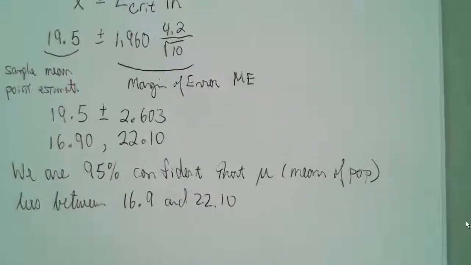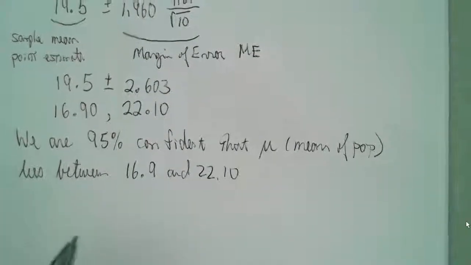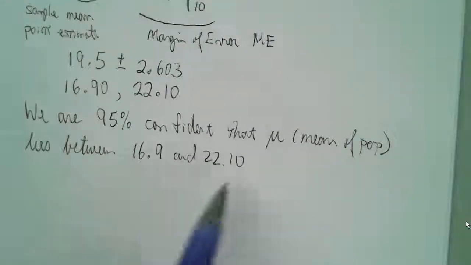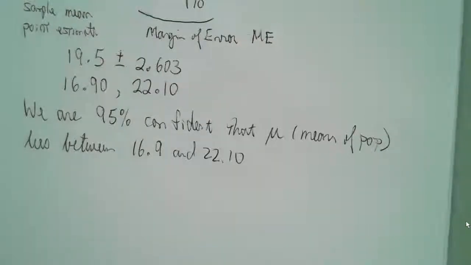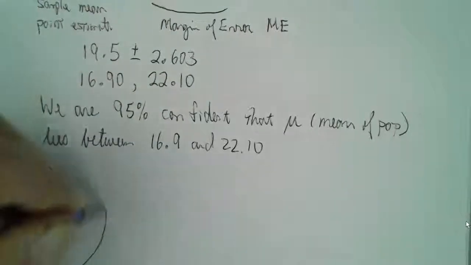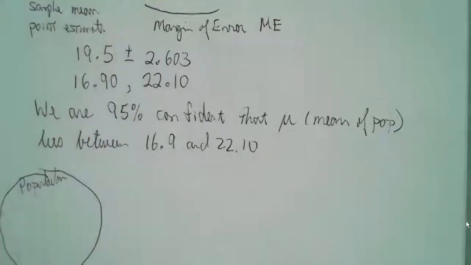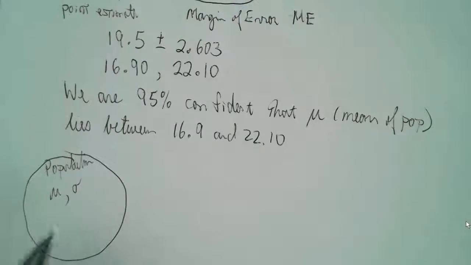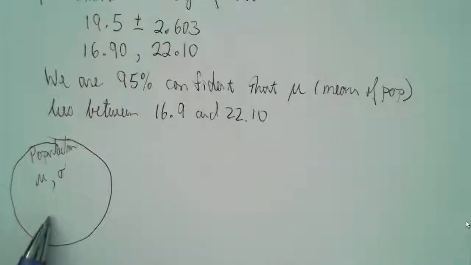So what we're doing is we're starting with information about a sample. That's this right here. And we're now giving some quantifiable information about the whole population. We really have turned a corner here. If you think about it, in the past, we've always done this. We've said, suppose we've got a population, and we would say something about its mean, something about its standard deviation, or maybe something about the proportion of things that have a trait of interest.